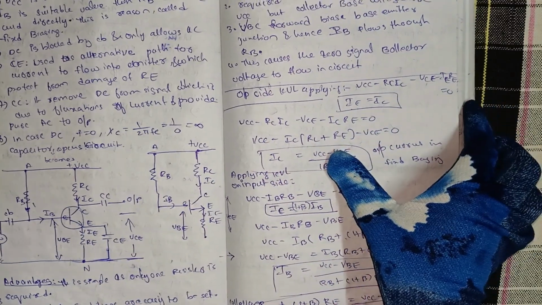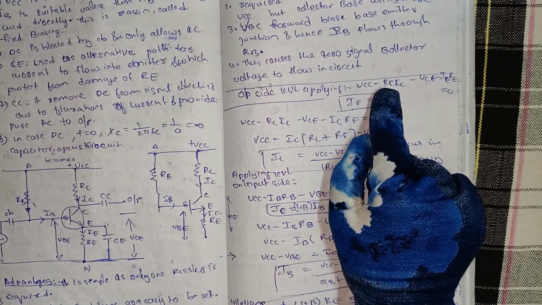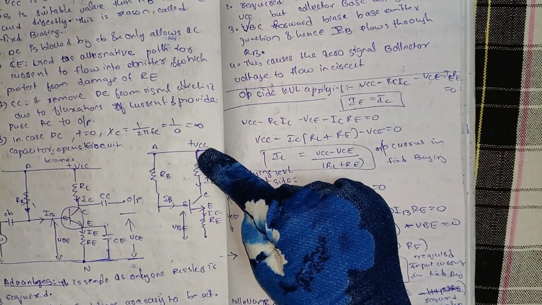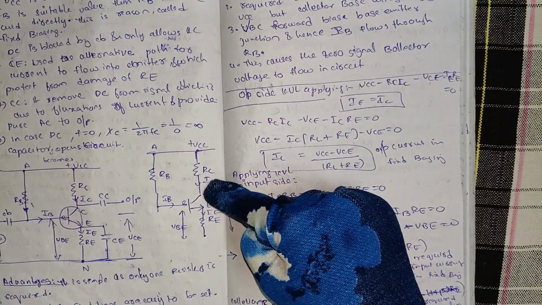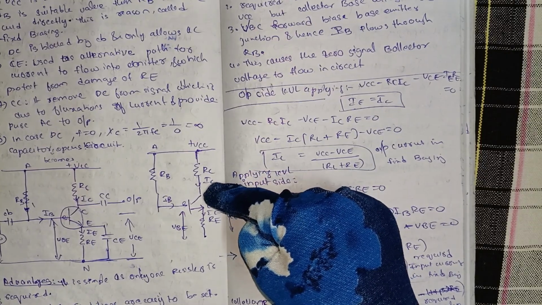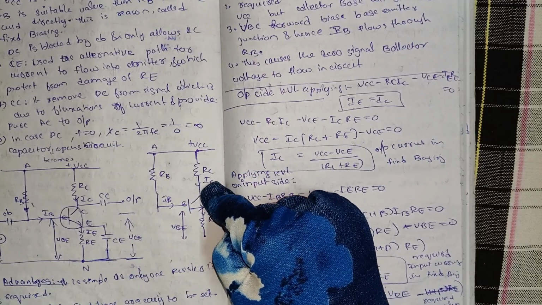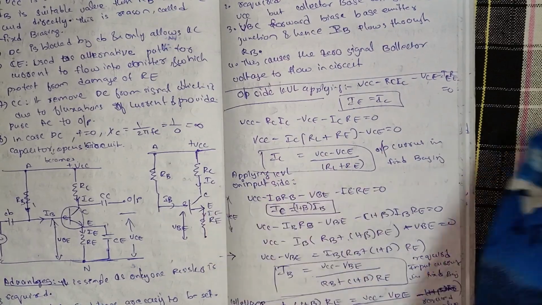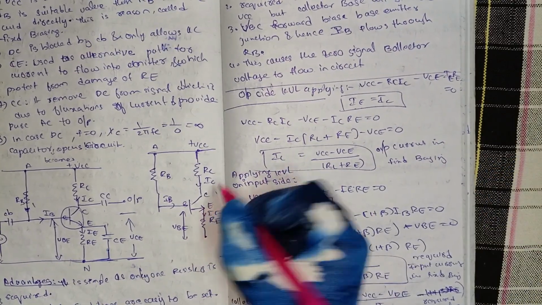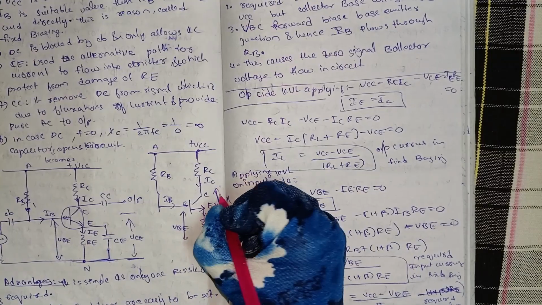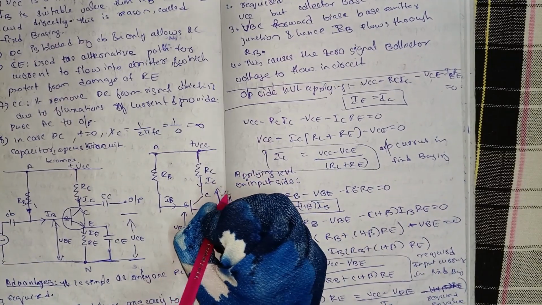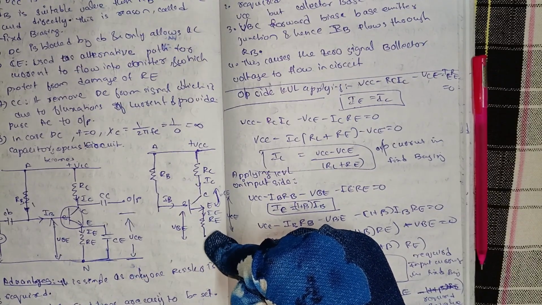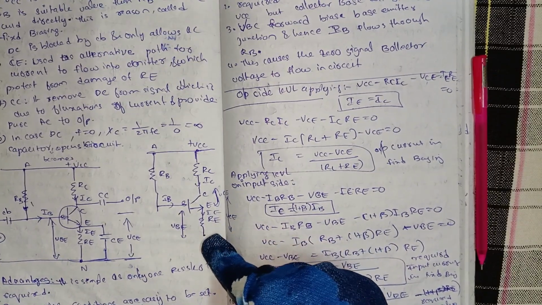So at the output side, VCC minus RC into IC, resistance into current, that is the voltage, then VCE, and then IE RE, is equal to 0.